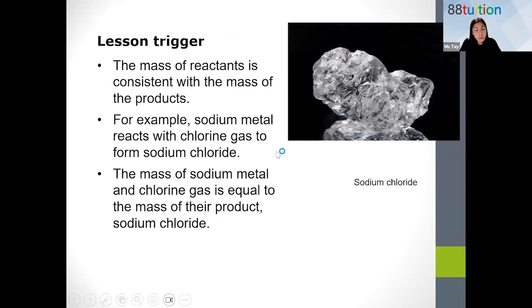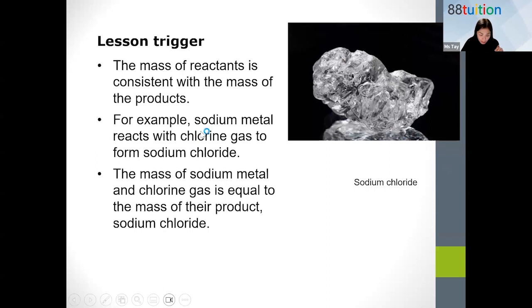Whatever goes in cannot disappear; it has to come out, maybe in other forms. You need to take note: whatever comes out must be what has entered into the reaction. You can't have totally different products or some foreign stuff coming out that you don't see in the reactants at all. Whatever you receive must have been reacted together with other substances.